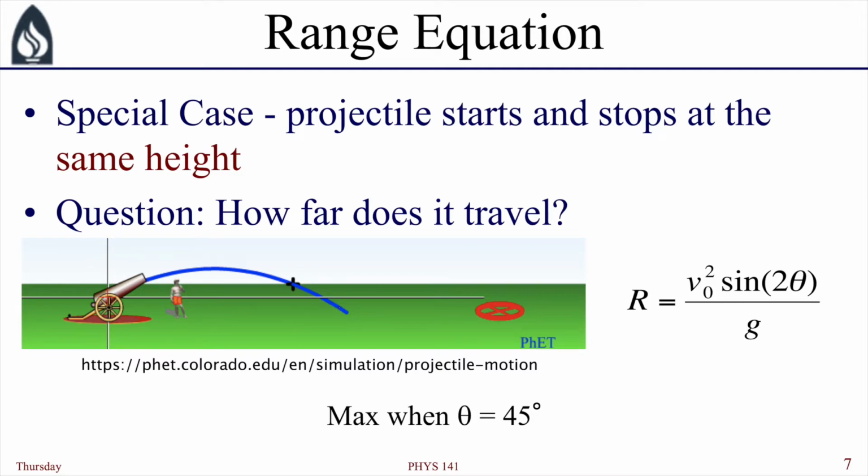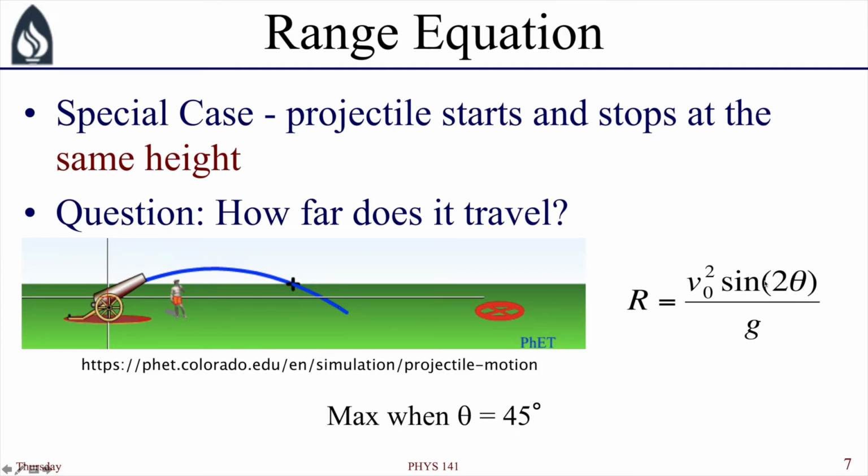Now, another thing that the range equation tells us is what is the optimal angle to launch an object if you're launching it over level ground, and then the object would start and stop at the same height. So if you're launching over level ground and you want your projectile to go as far as possible, the sine is going to be the biggest when the stuff inside the sine is 90 degrees.